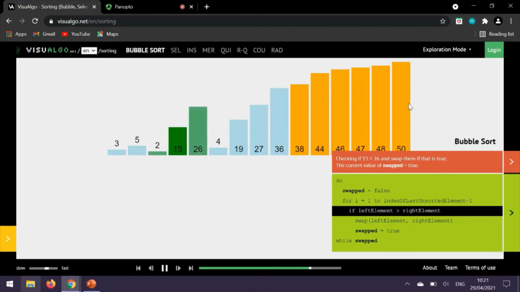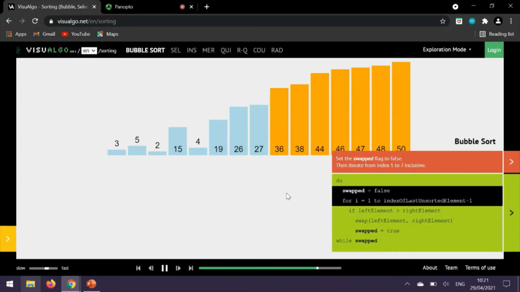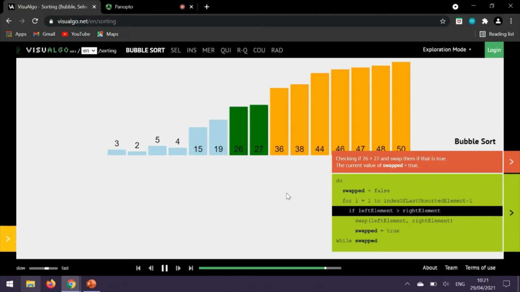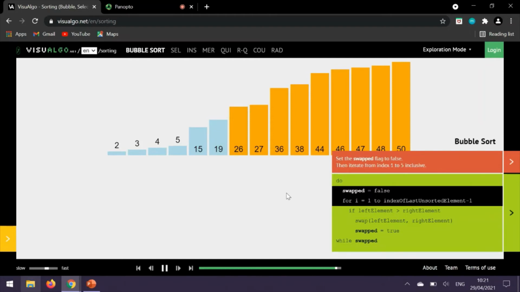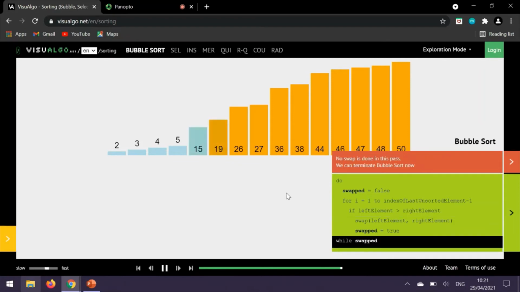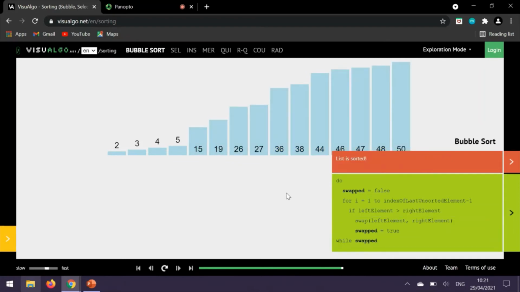And these data points marked in orange are the ones that are complete. And there we have it, all the data sorted from lowest to highest.